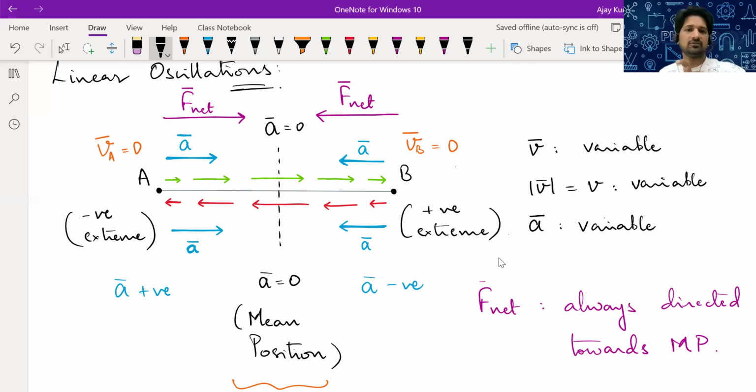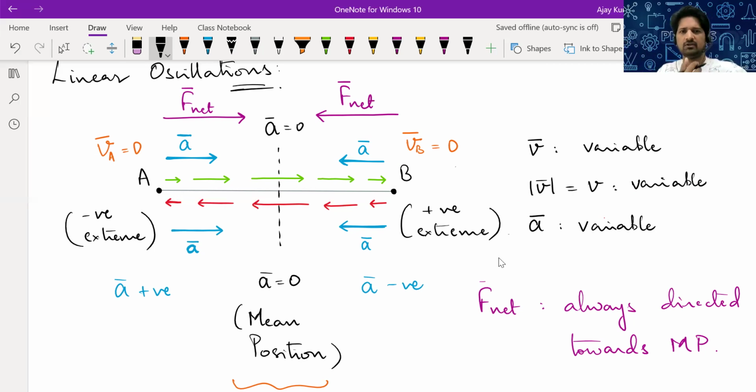At mean position, the net force on the oscillating system is zero. If you release it from there, it won't start oscillating. If you release it from anywhere other than the mean position, it will try to come to mean position. But by the time it comes to mean position, it may have some velocity, inertia of motion. So it will cross the mean position and go to the other side. Then it will again come back to mean position, but then it will have some velocity. So it will cross the position and go to this side and so on.